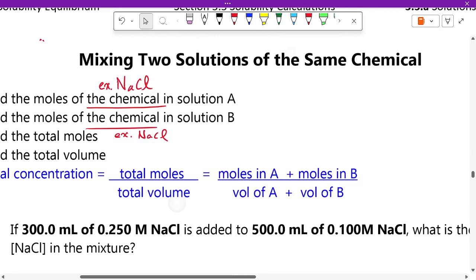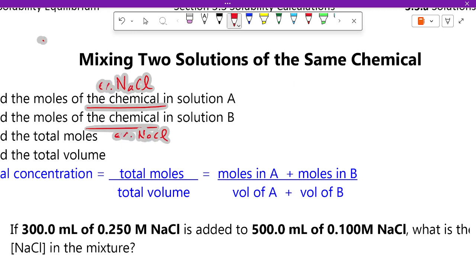So if we have 300 milliliters of 0.250 molar NaCl and we add it to 500 milliliters of 0.1 molar NaCl, what is the concentration in the mixture? So one thing you can do is you can say, okay, can we work in millimoles for a second? Yes, we can.